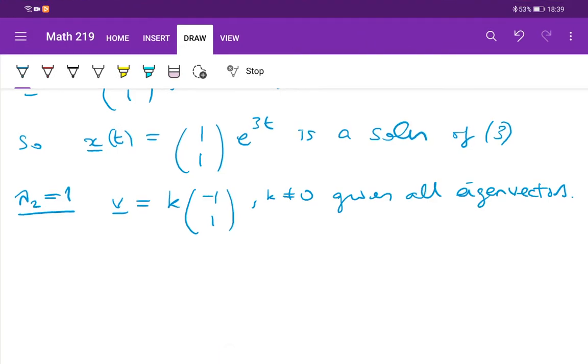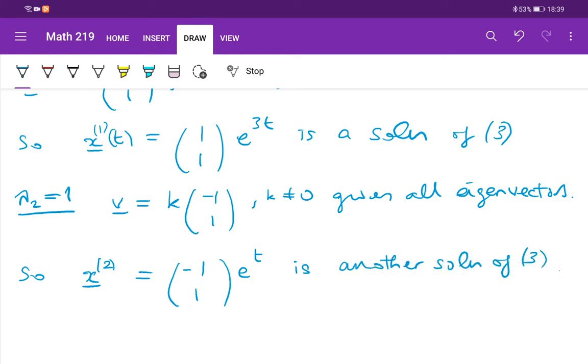So let me call the previous one x1, and so here x2. Again, let's put k equals 1, so (minus 1, 1), and here lambda is 1, so it's e to the t. It's another solution of our equation.